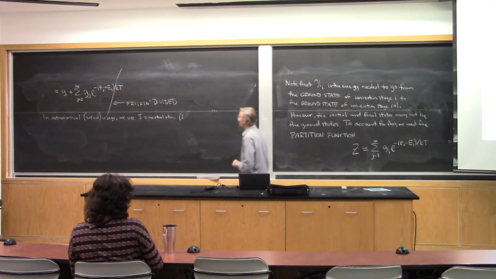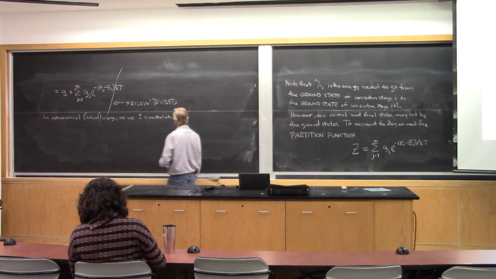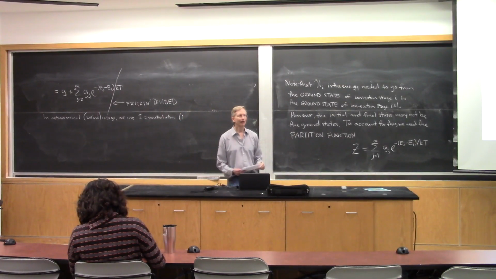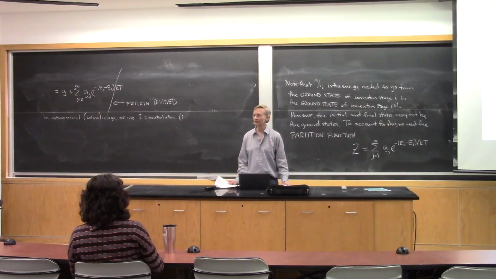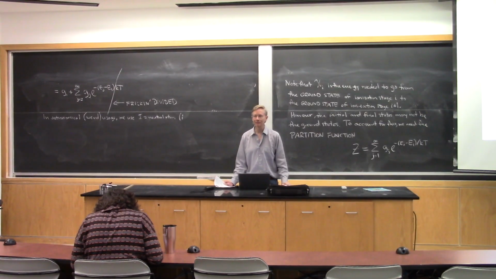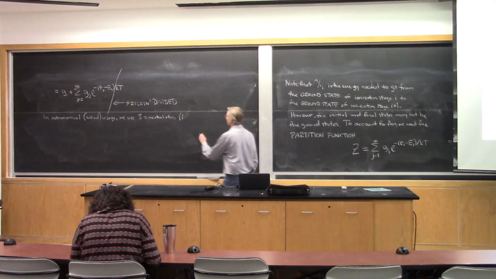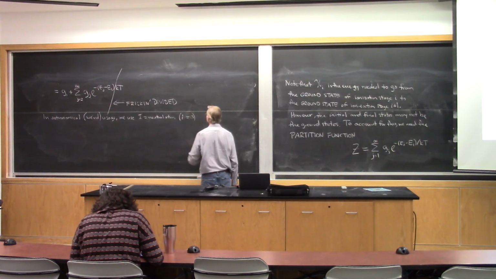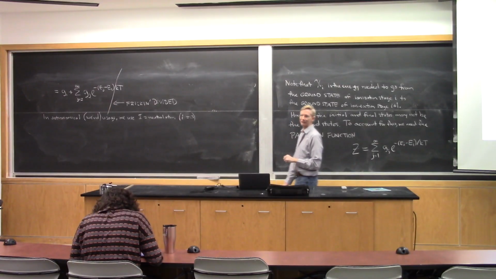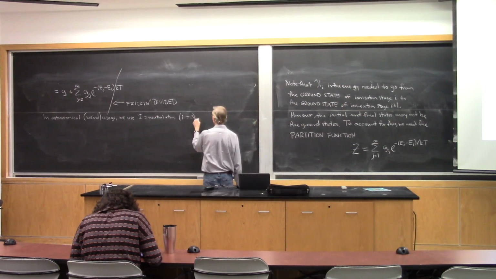So, we use Roman numeral 1 for the neutral atom. Remember, i is the number of electrons removed. So if it's a neutral atom, how many electrons have been removed? None of them, right? So Roman numeral 1 means ionization state i equals 0. No electrons have been removed, the neutral atom.